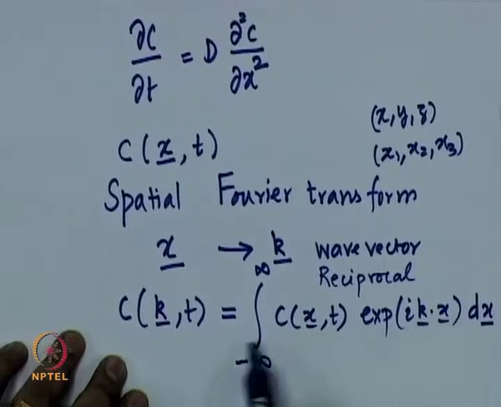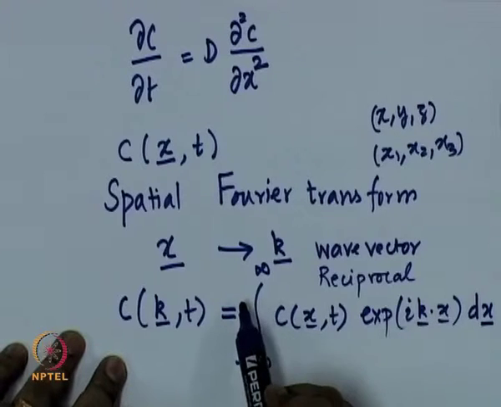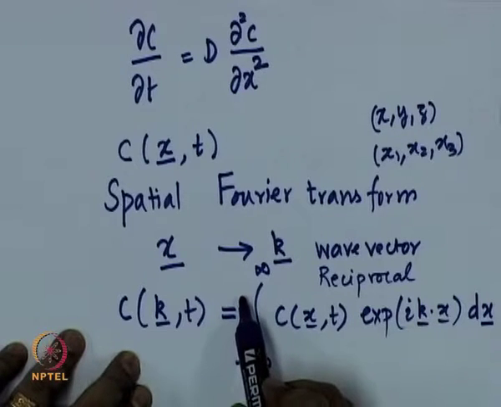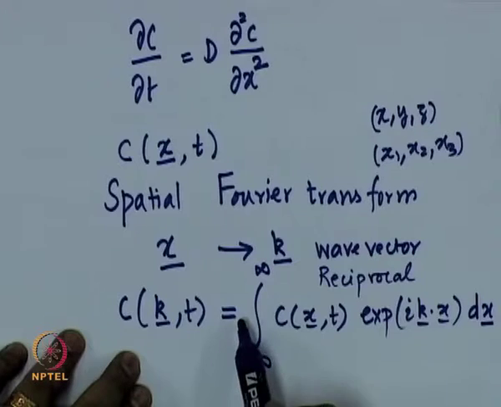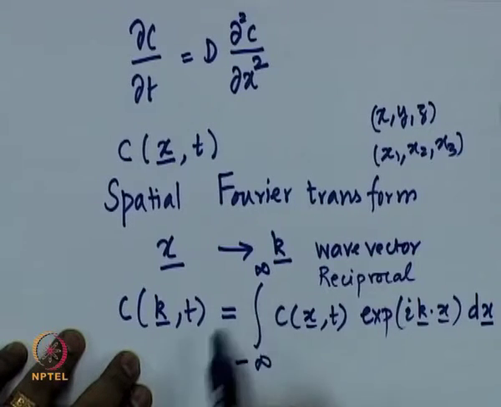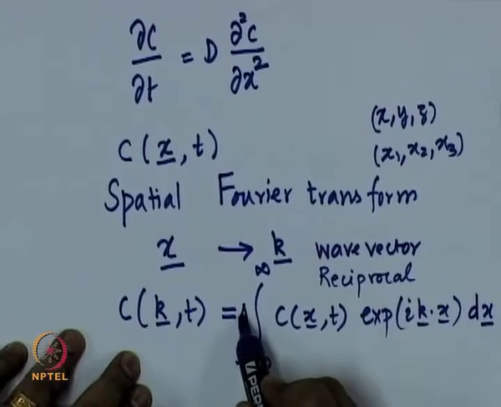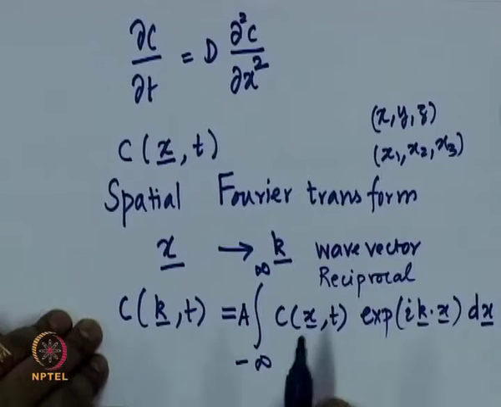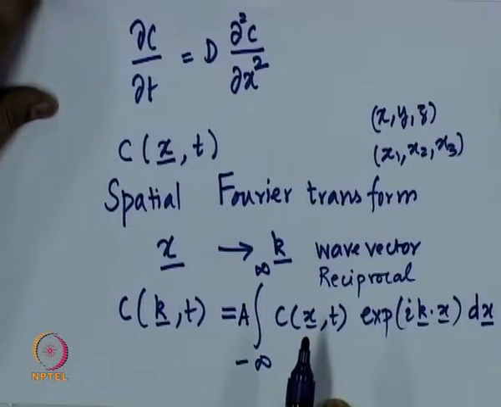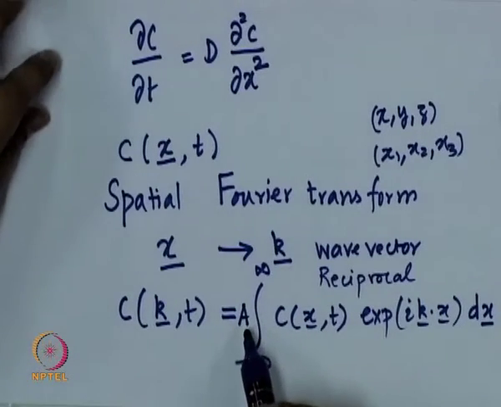Okay, so that is the Fourier transform. There are factors. Sometimes people use 1 by 2 pi, or sometimes people use 1 by root 2 pi. So there is some constant factor here. So let me just call it some a. We will not specify it, it is not very important for our purposes today.